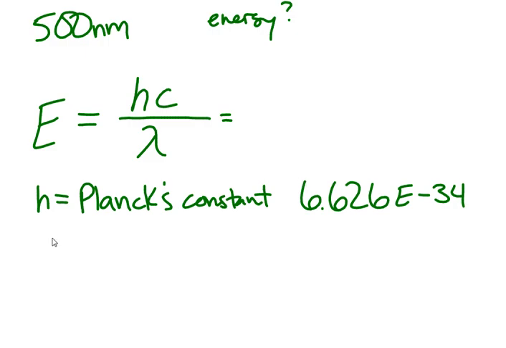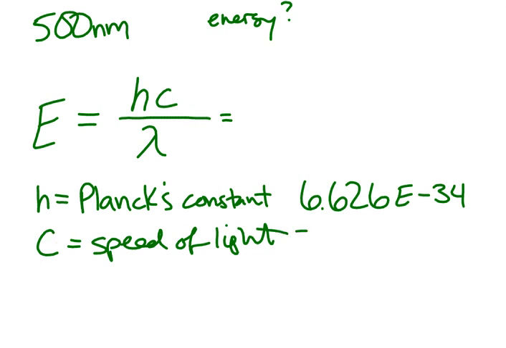And c, which is the speed of light, is equal to 2.99 times 10 to the 8 meters per second.